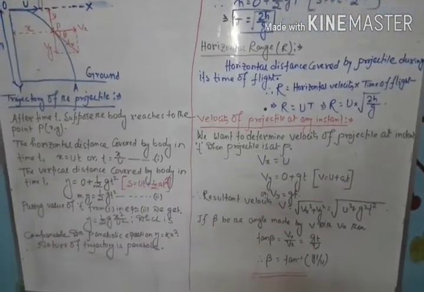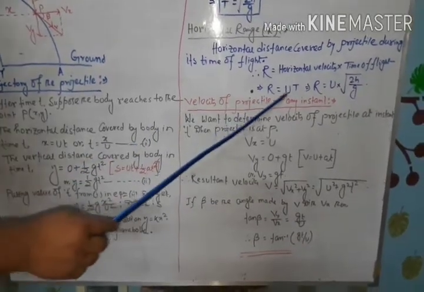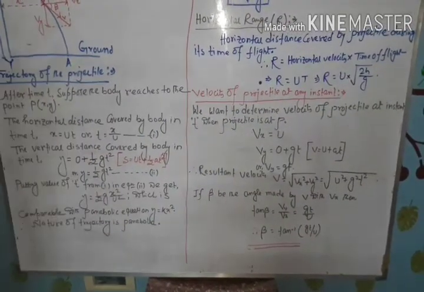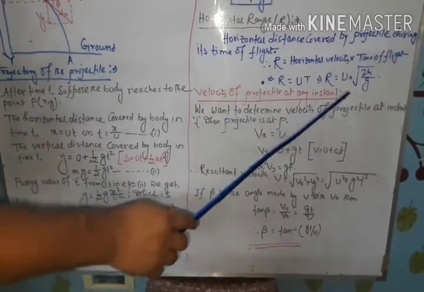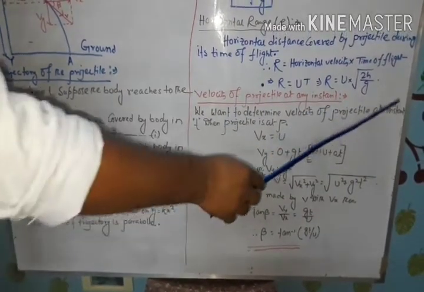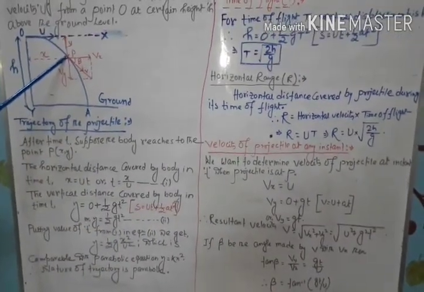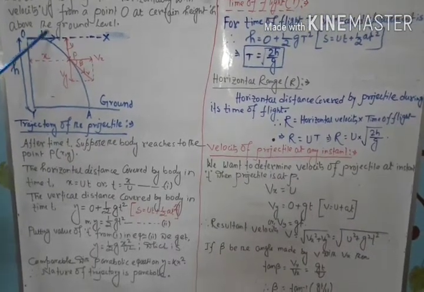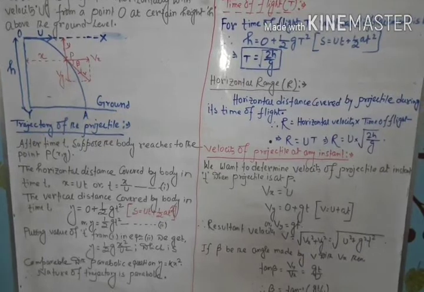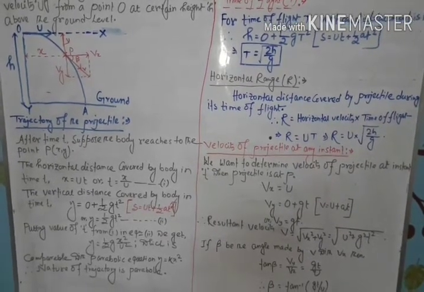And next we have to determine the velocity of the projectile at any instant. We want to determine the velocity at the instant of time t, when the projectile is at P. Except at the point O, at any other point on the path, the projectile has two components of velocity.